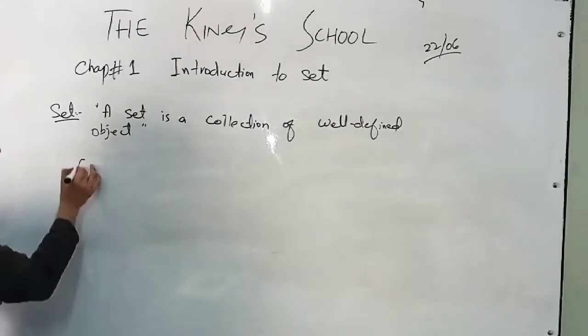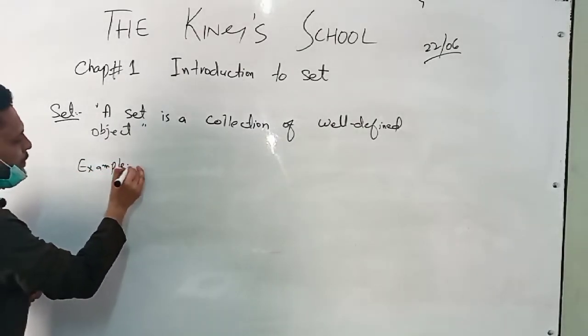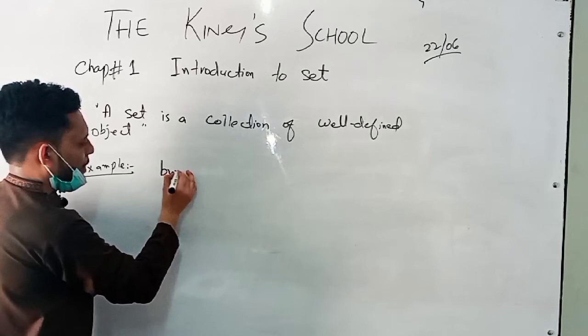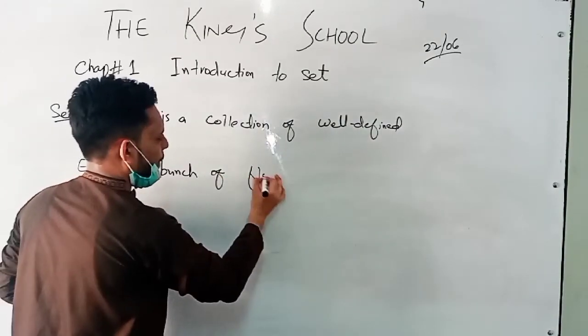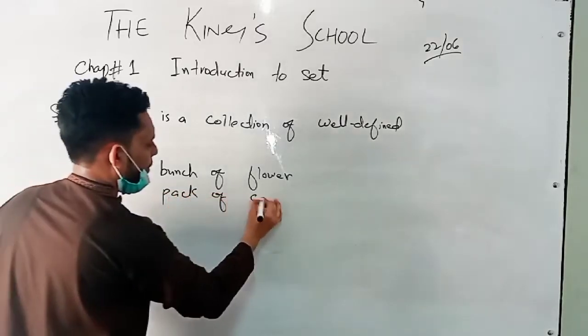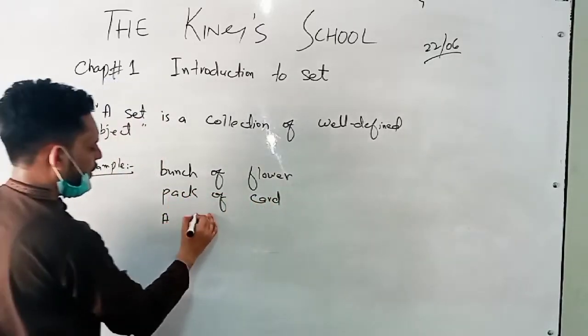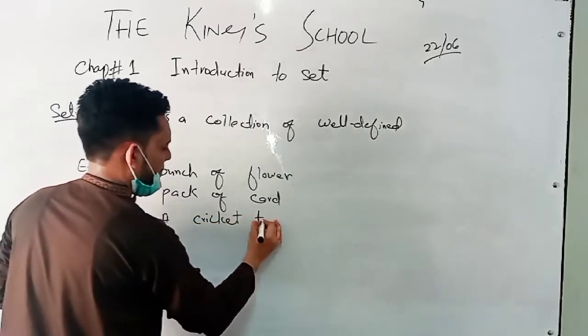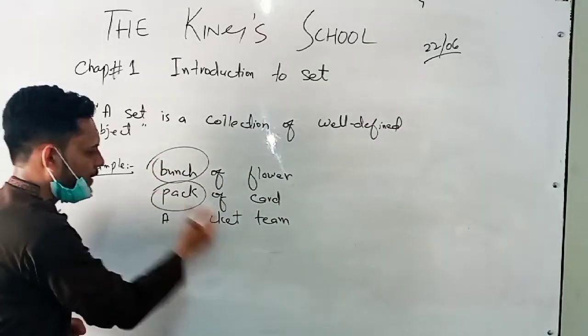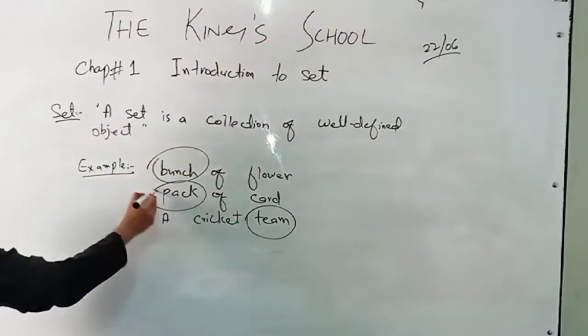For example, in our daily life, we use a couple of phrases like bunch of flowers, pack of cards, cricket team. In these examples, the words bunch, pack and team represent a set.